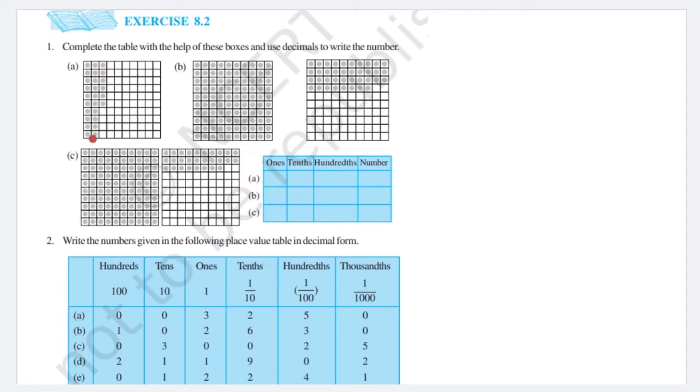Only 2 of the tens positions are being filled up. In the hundredths position, you'll have 1, 2, 3, 4, 5, 6 being filled up. So there is no ones. So you write it as 0.